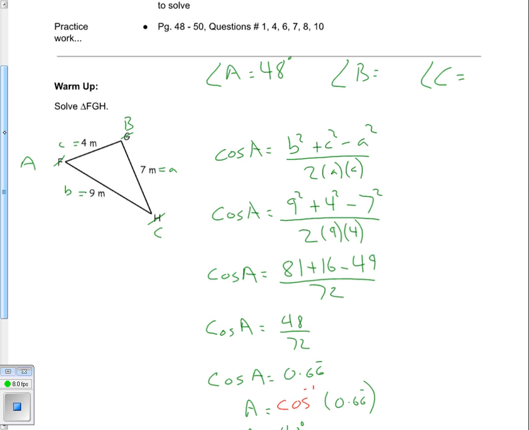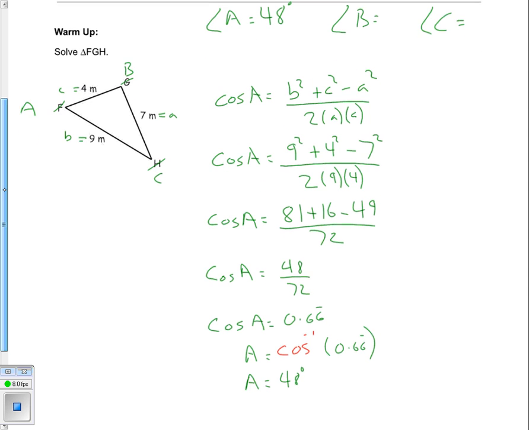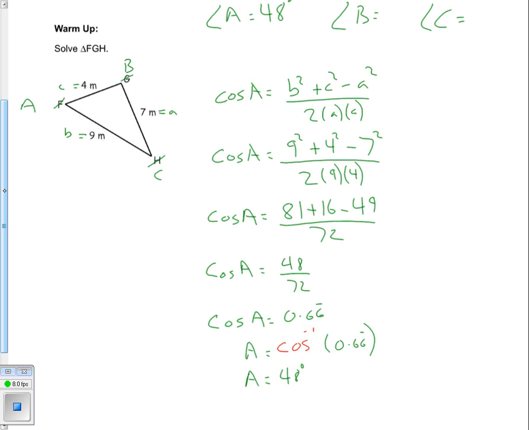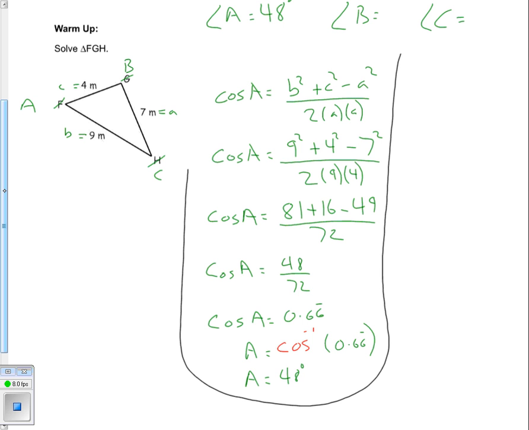So now we've got to figure out either angle B or angle C. So let's figure out angle B, just because we can. Let's try a different approach to solving angle B. We've used cosine law to figure out angle A, so let's try and figure out angle B now.